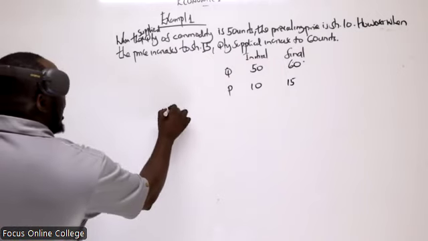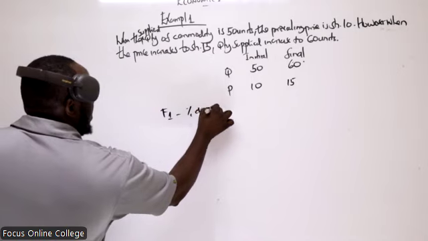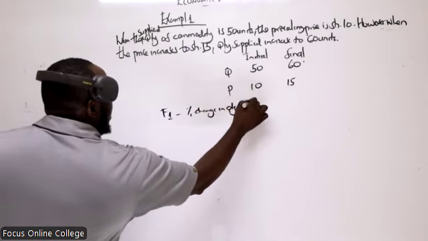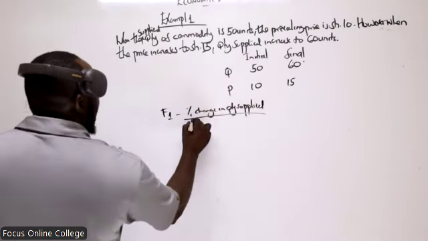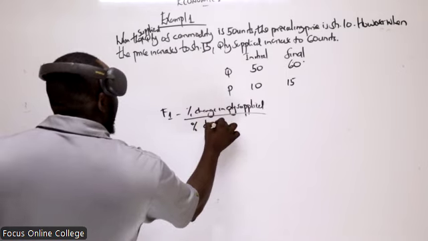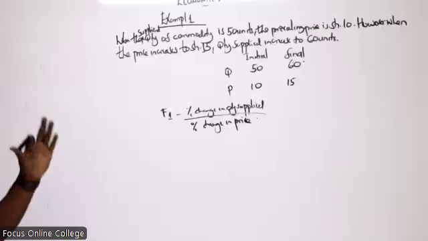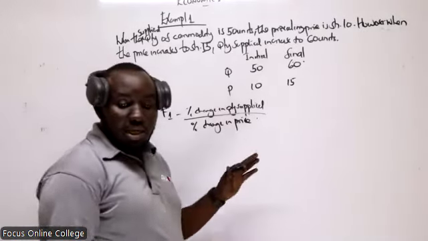So I start with Formula 1: percentage change in quantity supplied over percentage change in price.